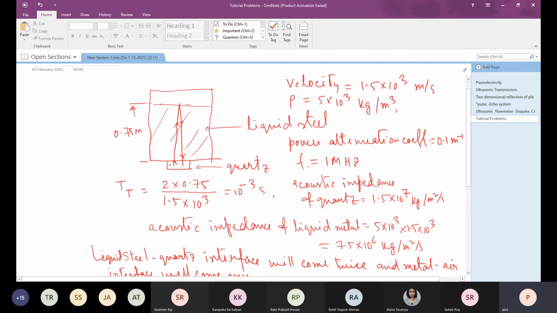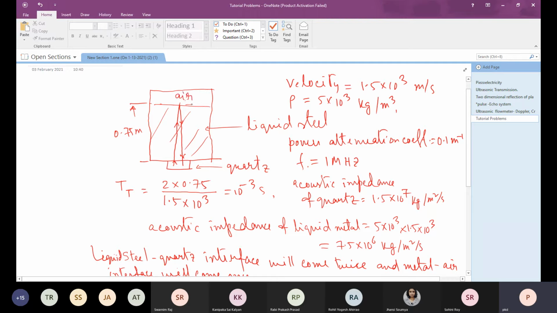Usually, as we have discussed, matching impedances are given, but to make it simpler, this problem does not have that. If there is matching impedance, of course, this reflection will not occur. Then this transmission will be almost full, and this is the air boundary.